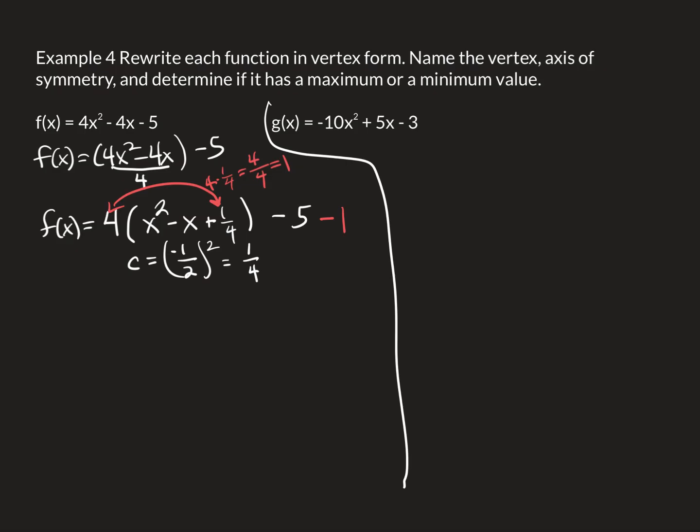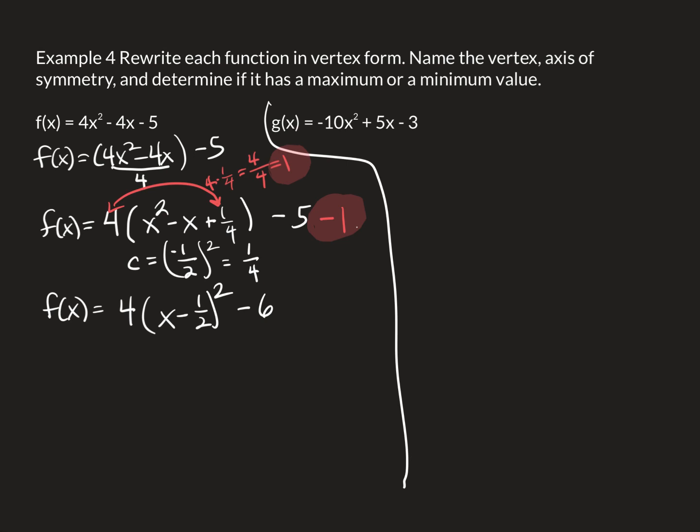So now you can see I added 1 and subtracted 1, and I'm going to simplify now. f of x will equal 4 times the quantity x minus 1/2 squared, and then negative 5 minus 1 is negative 6.